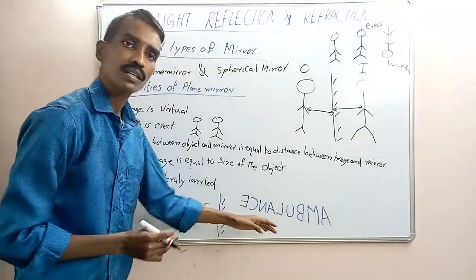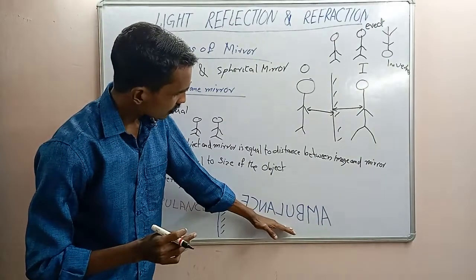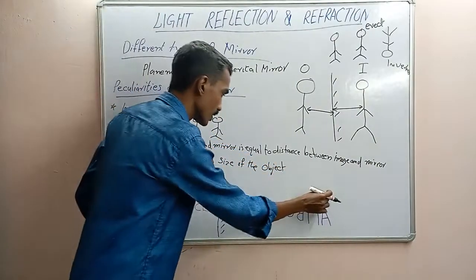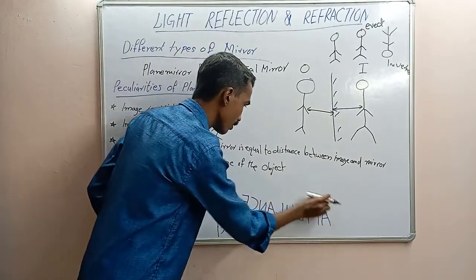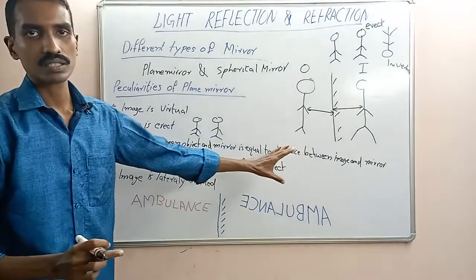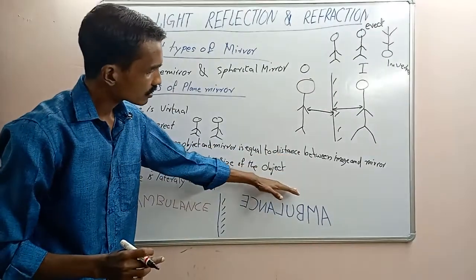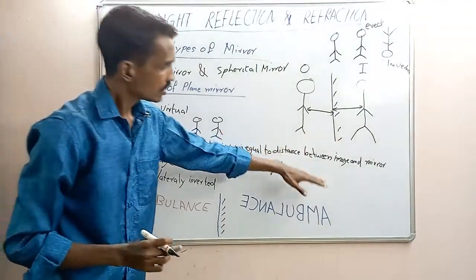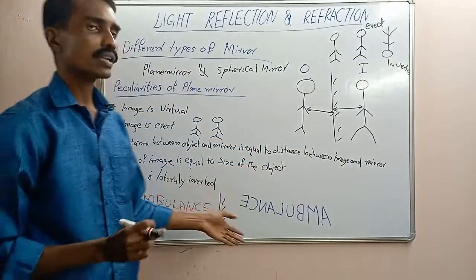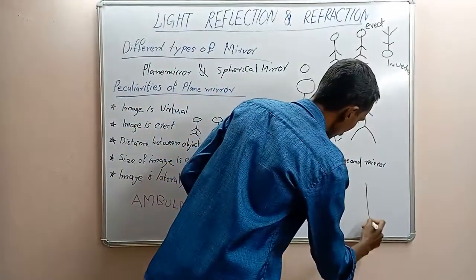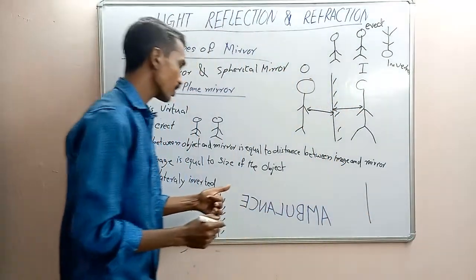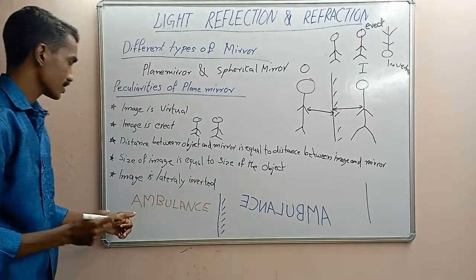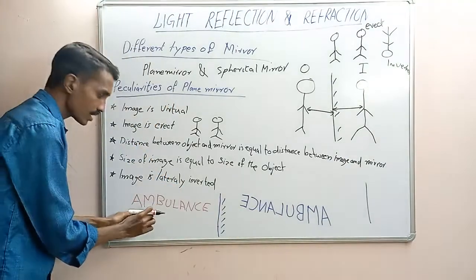This is the object, and in a plane mirror the object is seen like this as an image.